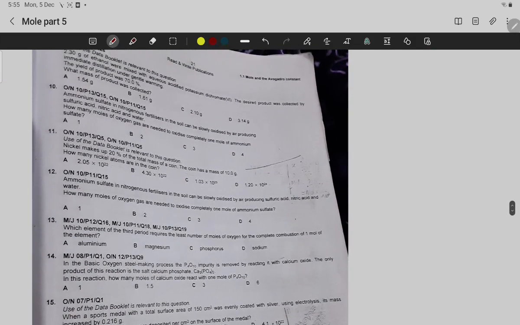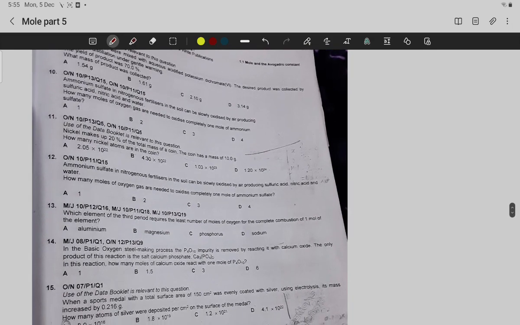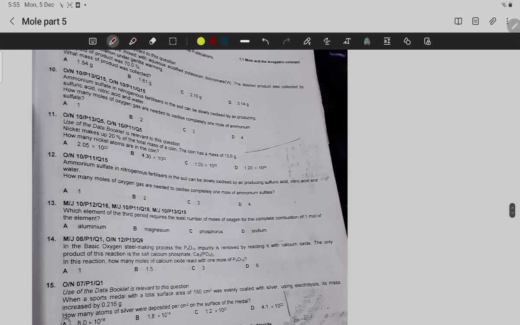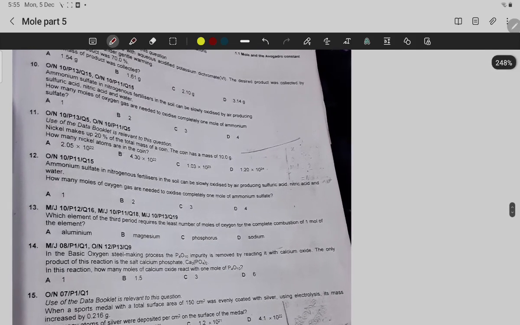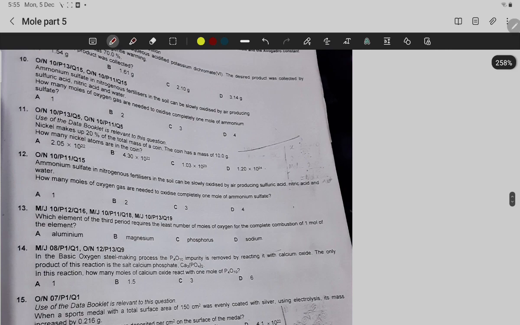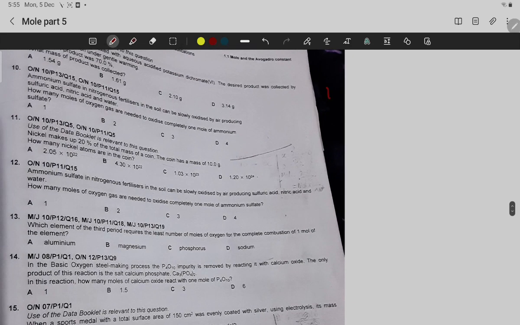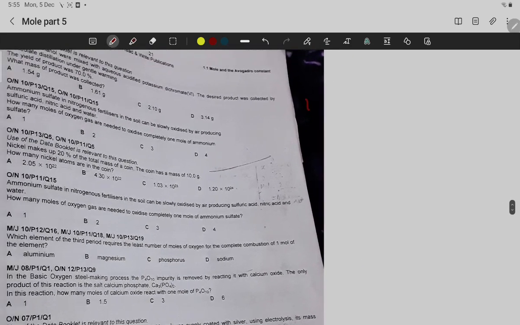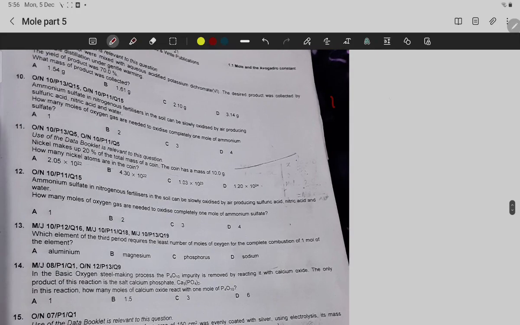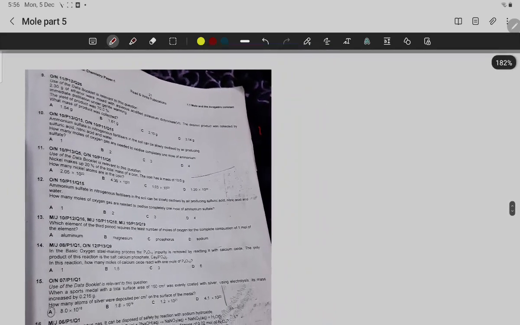So next question: ammonium sulfate in nitrogenous fertilizer in the soil can be slowly oxidized by air producing sulfuric acid, nitric acid and water. How many moles of oxygen are required? So let's write down the chemical equation.